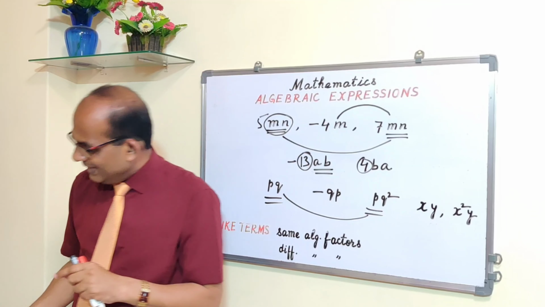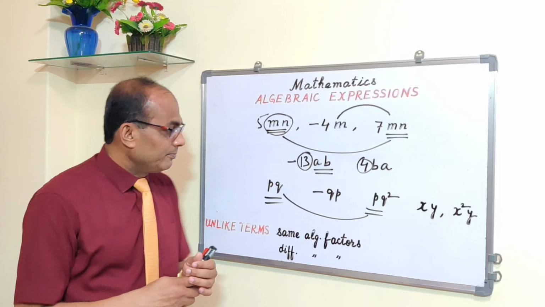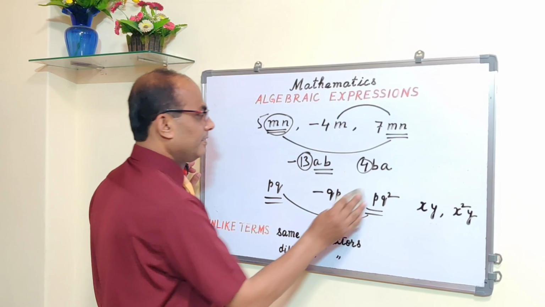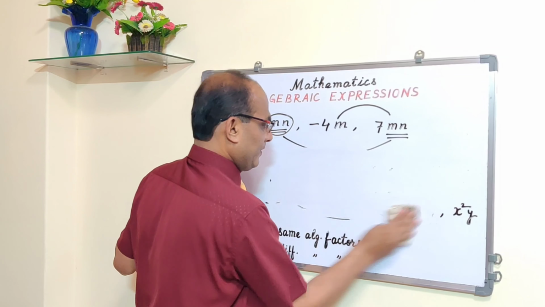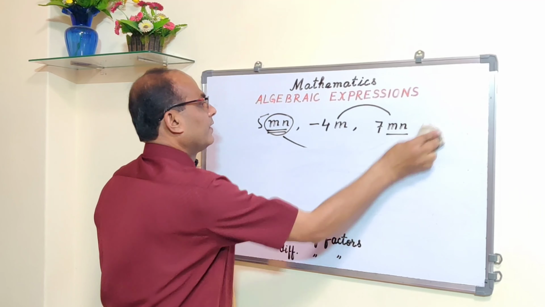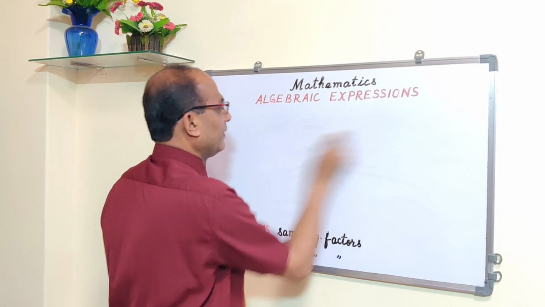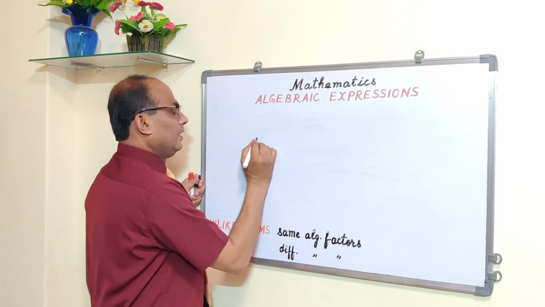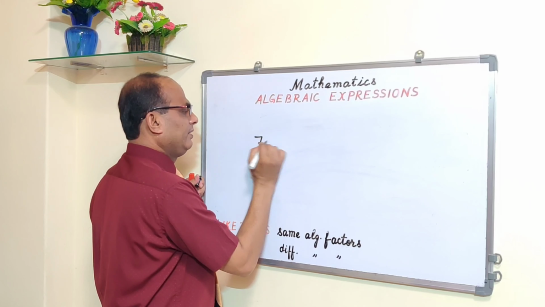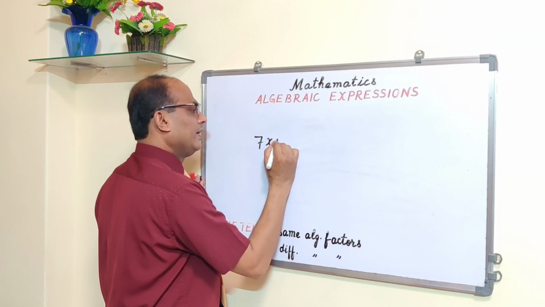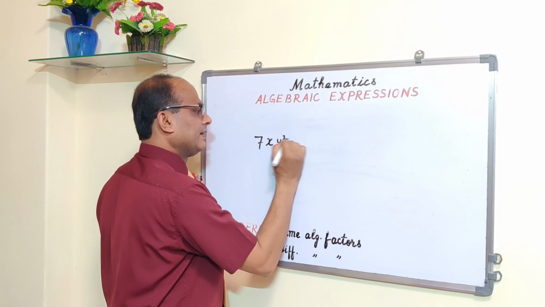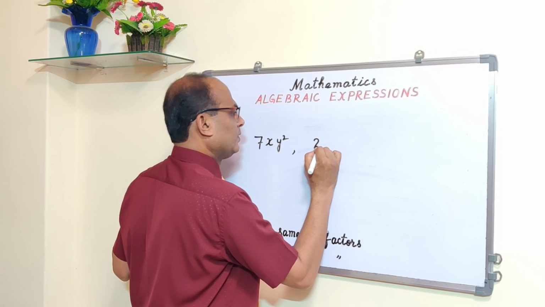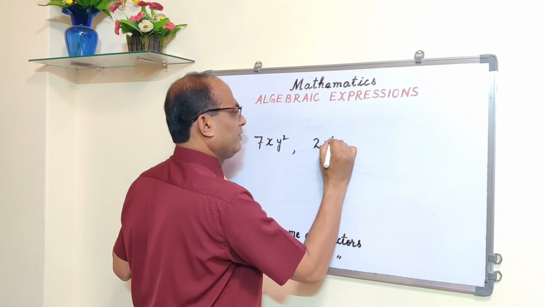Got it? So one or two more examples I give you. 7xy square and 2x square y.